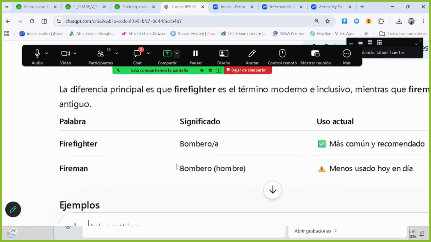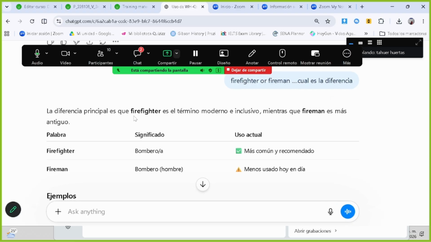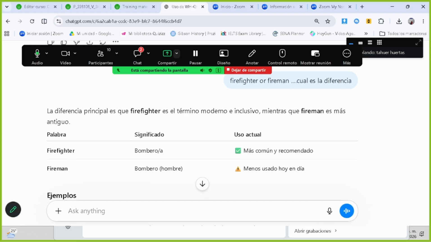Oh, look. The difference is that firefighter is modern and inclusive, but fireman is older. Firefighter, bombero, fireman, bombero, but the most common expression is firefighter.